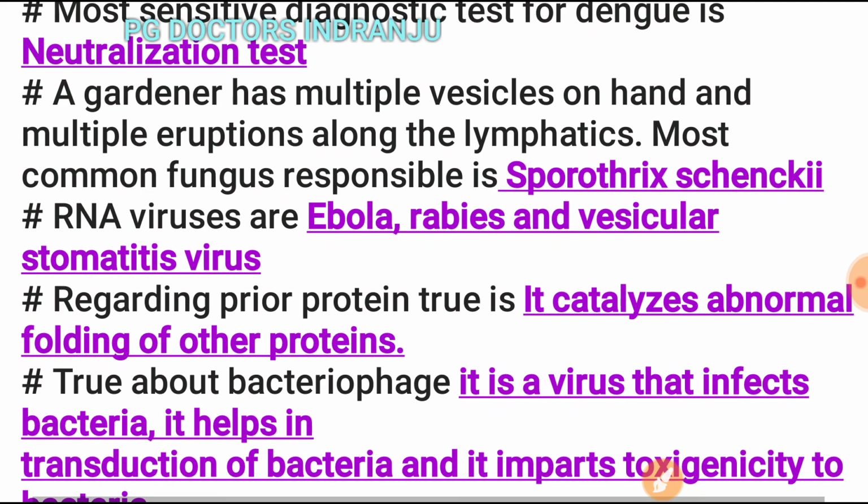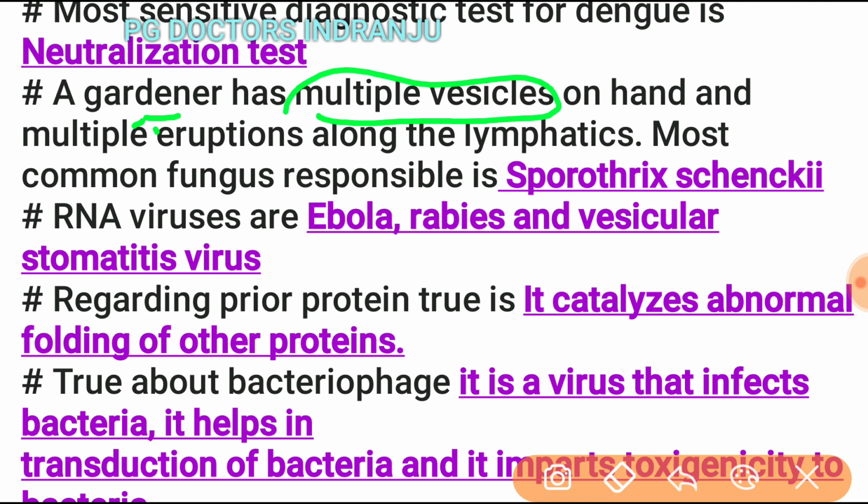Next, a gardener has multiple vesicles on the hand and multiple eruptions along the lymphatics. The most common fungus responsible is Sporothrix schenckii.